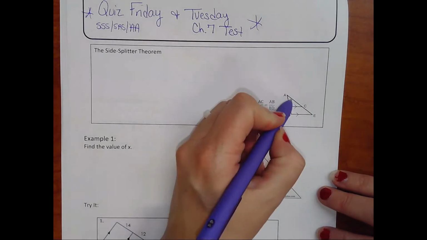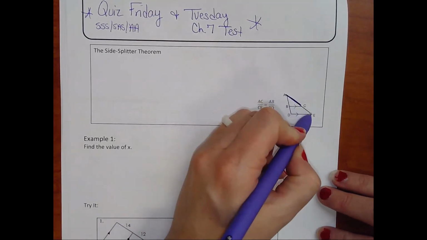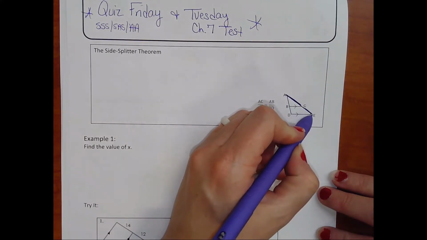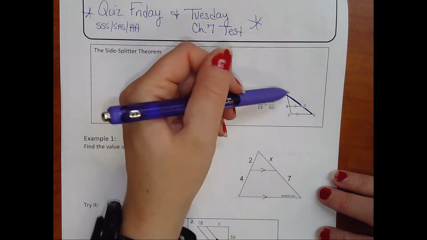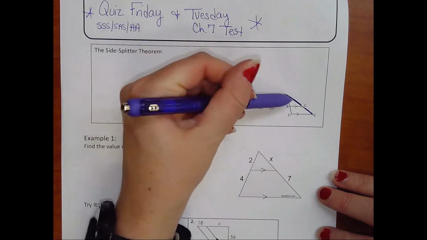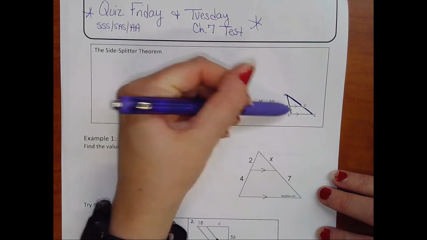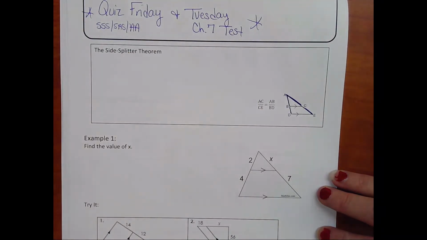That means that side AC and side CE correspond to each other. So you would do AC over CE equals, and because I did AC on top, I come back to this side, AB over BD. And then if I needed to solve, I could cross multiply.